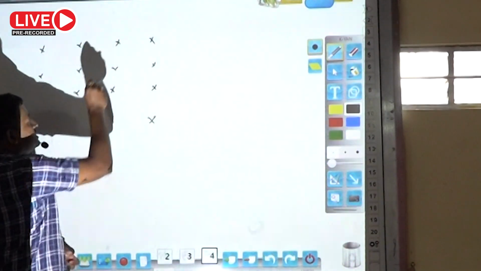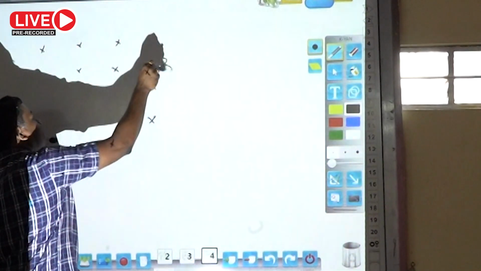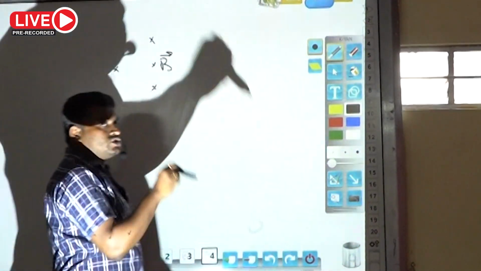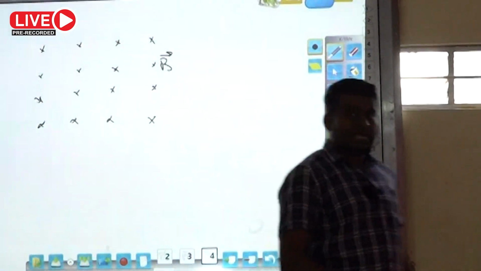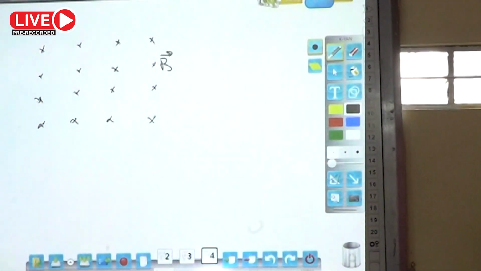This means that the magnetic field is inside the board, and if it is a dot, then it is coming out of the board. In sloppy language we say magnetic field, but it's not the magnetic field. It is called the magnetic field induction or magnetic flux density. The B quantity that I have written is called the magnetic field induction or magnetic flux density.